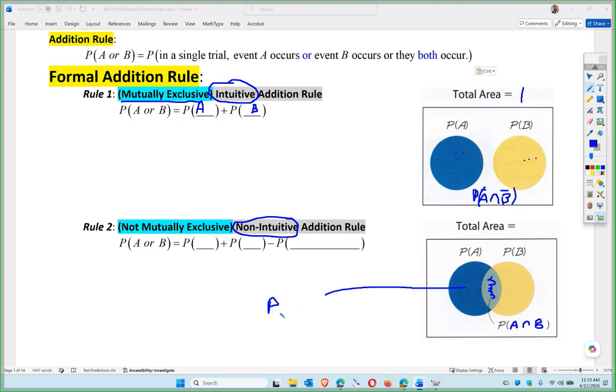We'll say A is a car, car and no sunroof. This over here will be the probability of a sunroof and not a car. Maybe that's not a good example. I don't know. Let's think of something else here. And then, of course, out here is the probability of not being either, right?